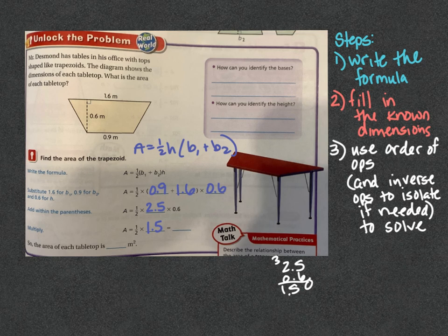Then I'm going to do 1/2 times 1.5. And actually remember, 1/2 times something is the same as divided by 2. So I'm going to do 1.5 divided by 2, and that is going to give me 0.75. So the area is 0.75 meters squared.